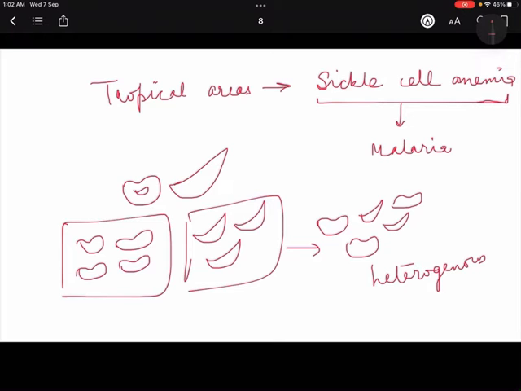He has both. So this will lead him to mild illness for sickle cell, but will give resistance against malaria.